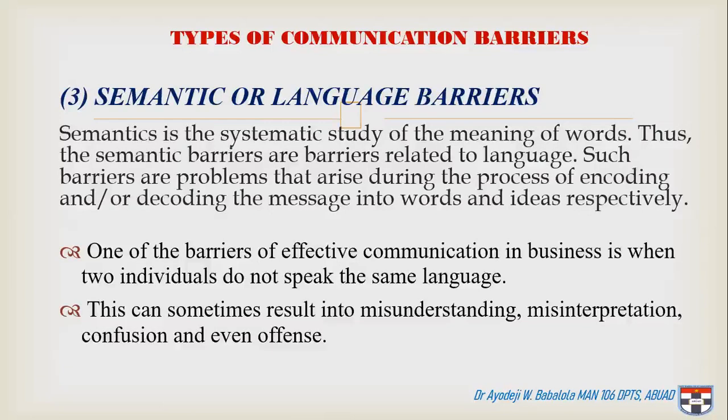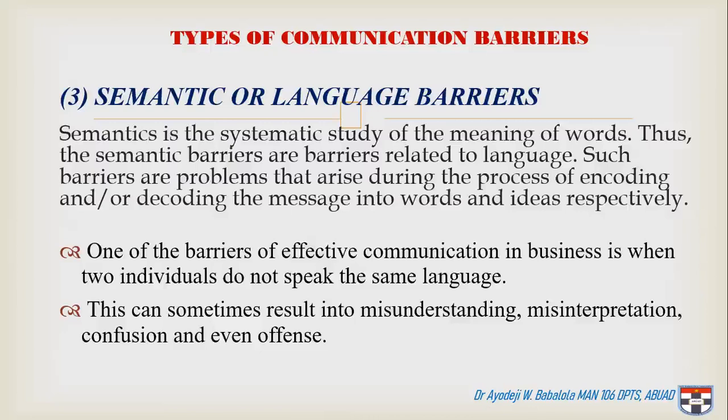These kinds of barriers arise during the process of encoding or decoding a message into words and ideas. In other words, the sender may have a particular meaning or a particular usage of the word in mind when encoding.